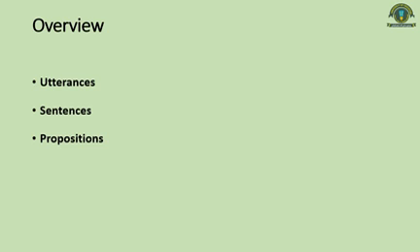Then we have discussed the definition of sentence, that a sentence is neither a physical event nor a physical object. A sentence is conceived abstractly, and it is a string of words put together by the grammatical rules of language.